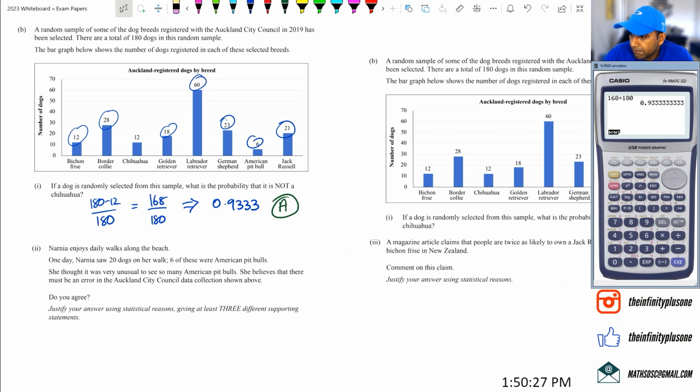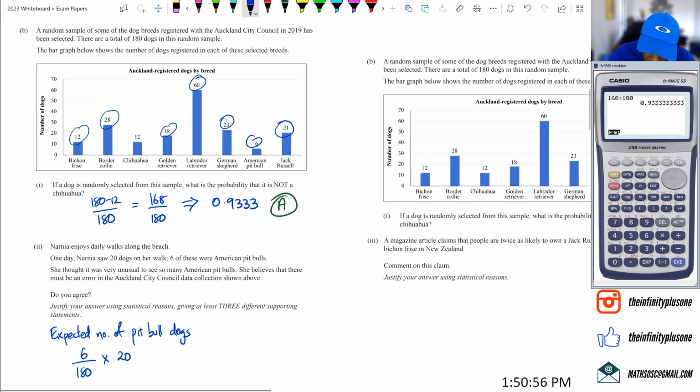For this question, first off, we need to work out the expected number of pit bull dogs. The expected number of pit bull dogs: we've got 6 American pit bull dogs out of the 180, and we multiply it by 20 because she saw 20 dogs.